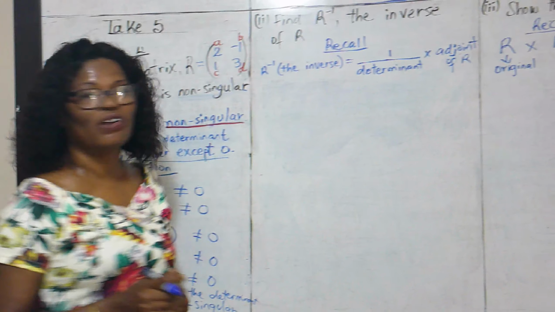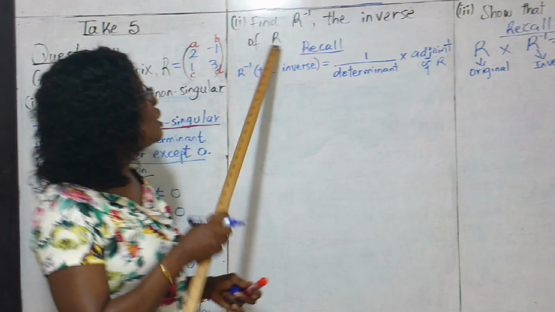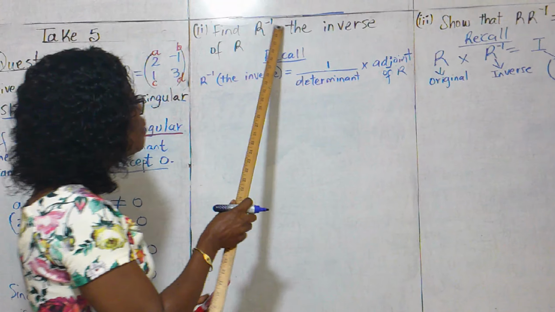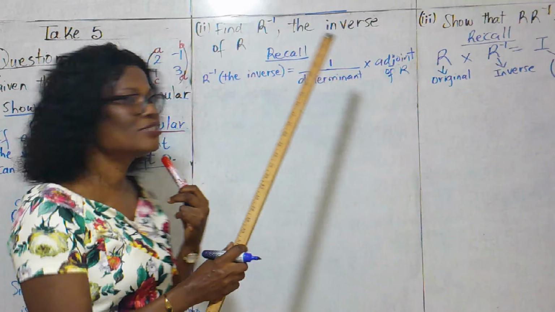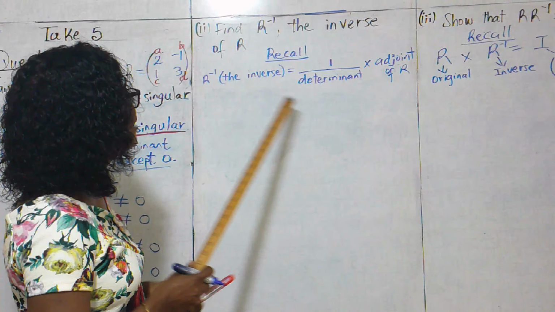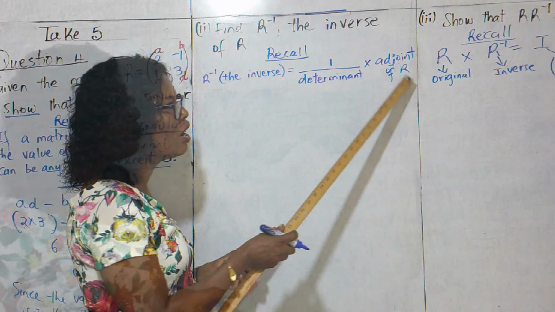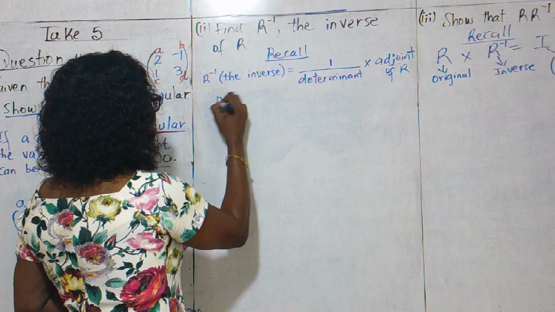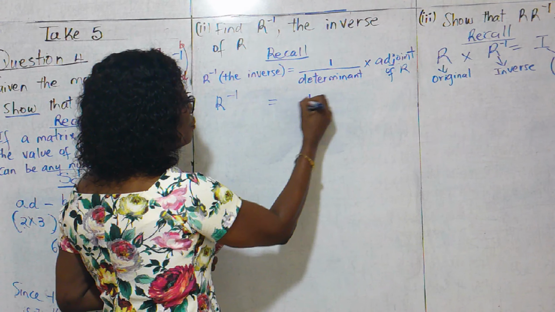Alright, let's now move on to part 2 of question 4. It says find R to the minus 1, which is the same as the abbreviation for the inverse of R. And the formula is 1 over the determinant times the adjoint of R. Alright, so now it's R to the minus 1 is equal to 1.